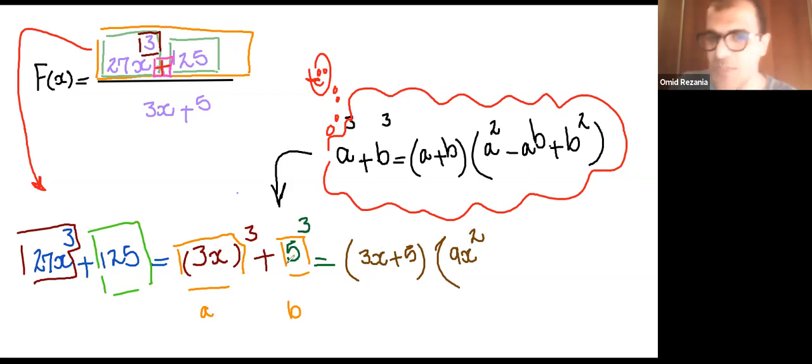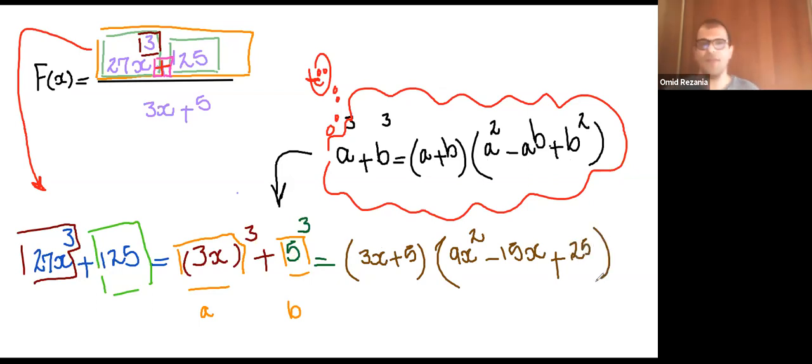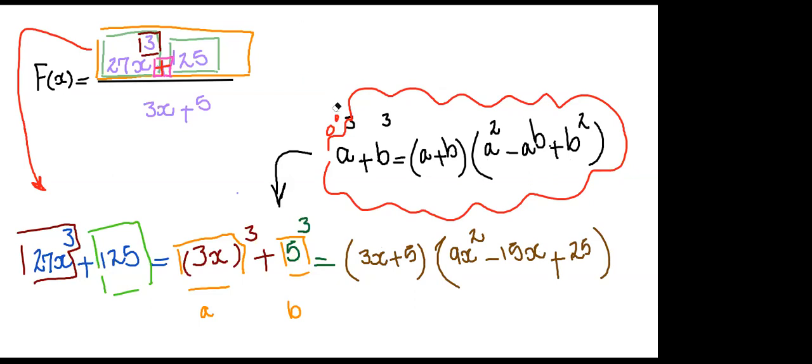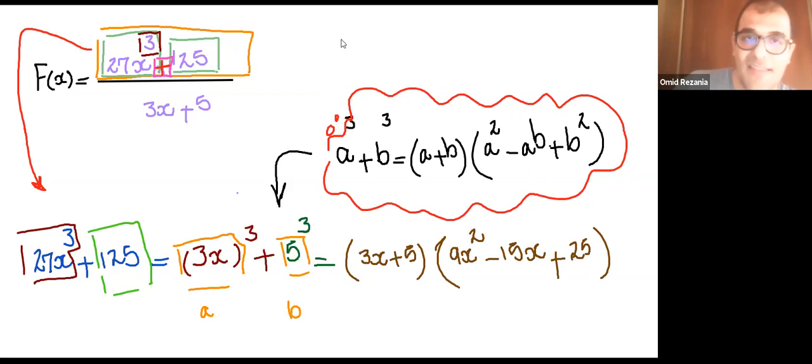A is 3x, b is 5, multiplied, that minus becomes minus 15x, plus b squared. My b is 5, b squared becomes how much? Becomes 25, correct? Yes. Fantastic.